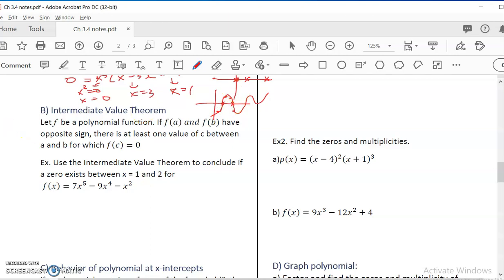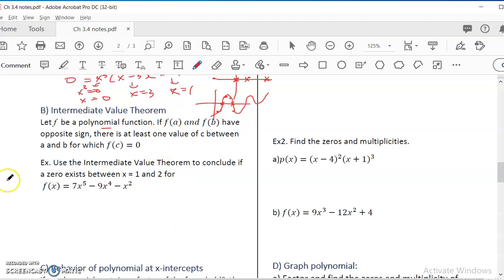So there is an intermediate value theorem that says because f of x is continuous, is a polynomial function, that means it's continuous, there's no break. If you have to go from f of a to f of b, which is to a number that you plug in for a and b, and one of them, they are the opposite sign. They are either positive to negative or negative to positive. They must pass through a number c in between a, b.